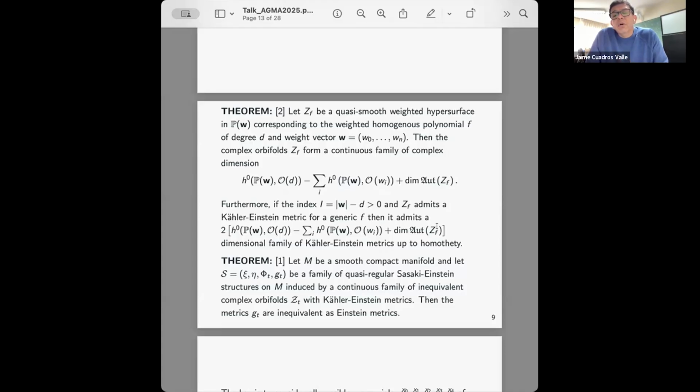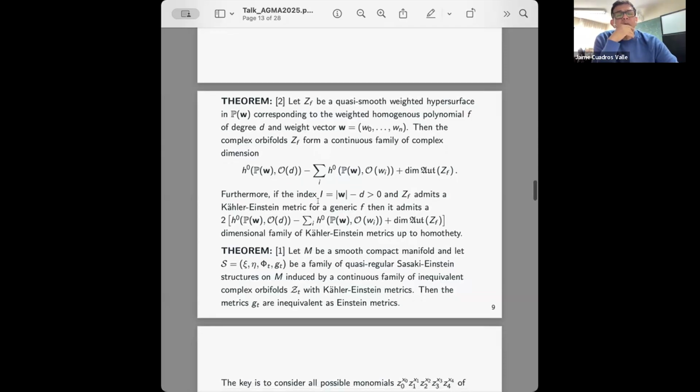And if you have some orbifold, as explained there, then you obtain a moduli just deforming the space of monomials associated to it. In a certain sense, that's what I'm going to show you briefly in a moment.